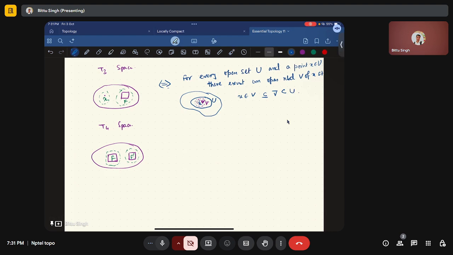Okay. And for a T4 space, there is a similar kind of property in terms of closure and open sets.